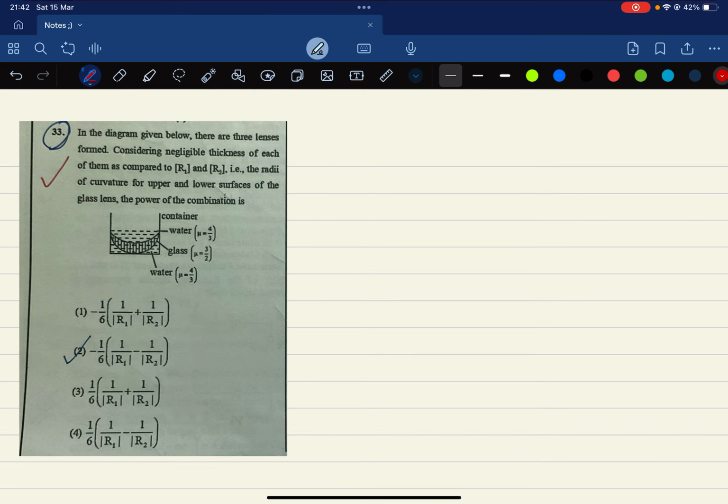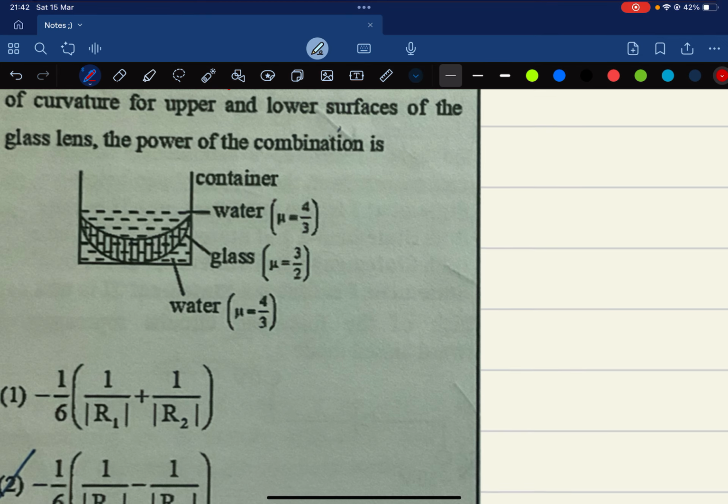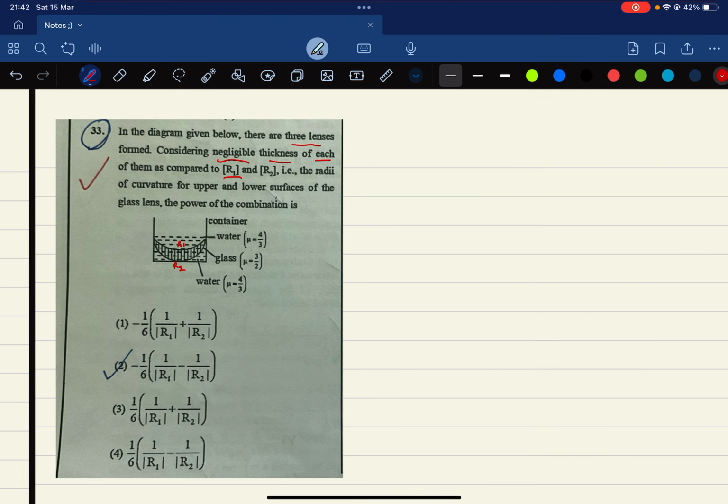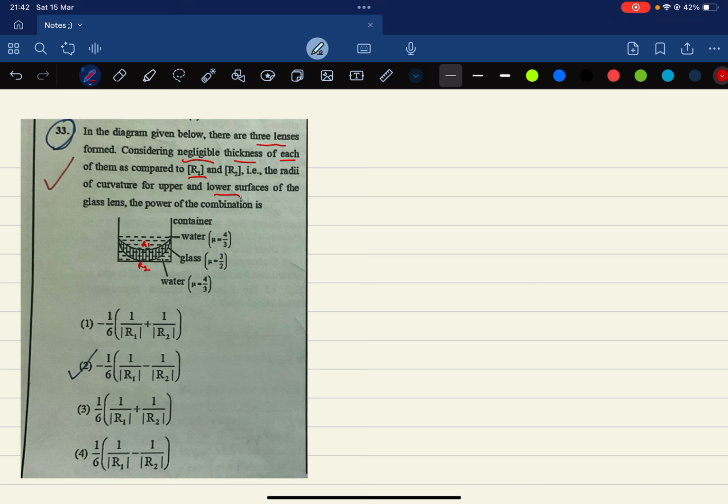It says that in the given diagram there are three lenses formed, considering negligible thickness of each of them as compared to R1. This is R1 and R2 of the upper and lower surfaces.